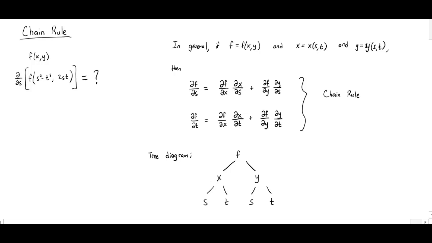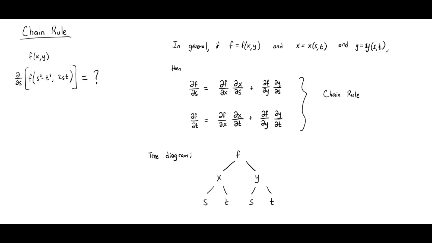So that's referring to this part here, where you have to do partial f with respect to x and then times partial x with respect to s. Okay? And then likewise, we also had this path going from f to y to s. So that signifies needing the partial f with respect to y, and then times the partial of y with respect to s. Okay? So are you guys familiar with the tree diagrams and how to use them to help you in writing out the chain rule? Yeah? Okay. All right.